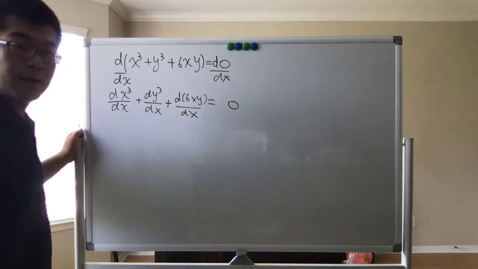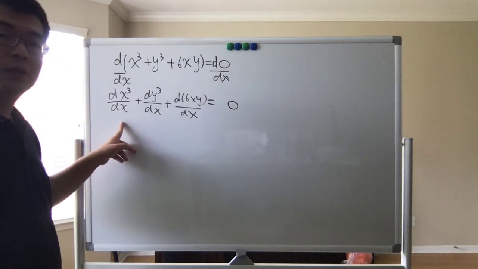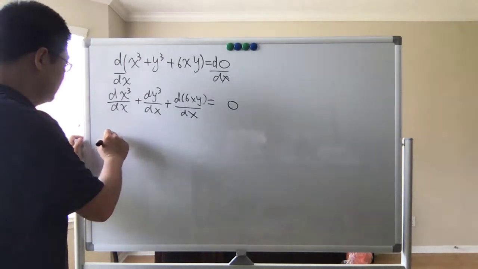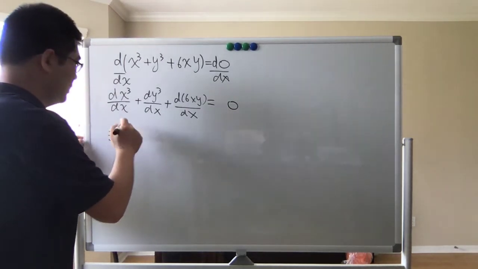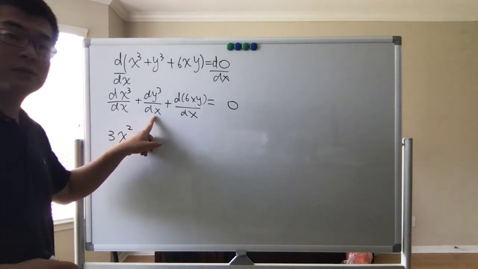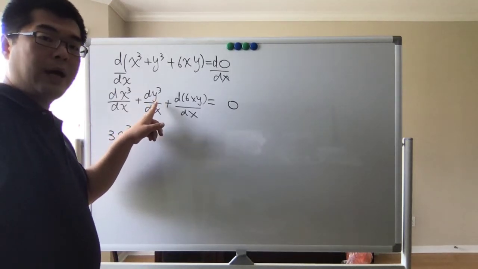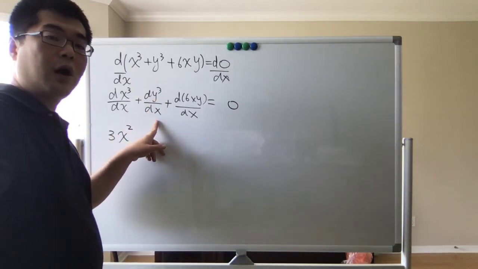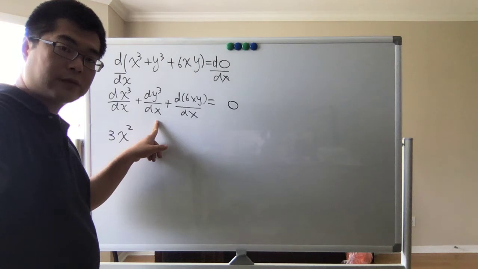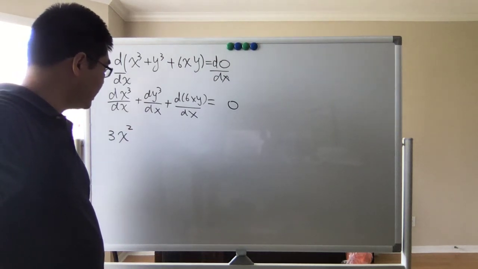All right, so the derivative of x cubed is going to be 3x squared, okay? Now here comes the interesting part, guys. Treat y as a function of x. Okay, treat y as a function of x. And how do we do that?